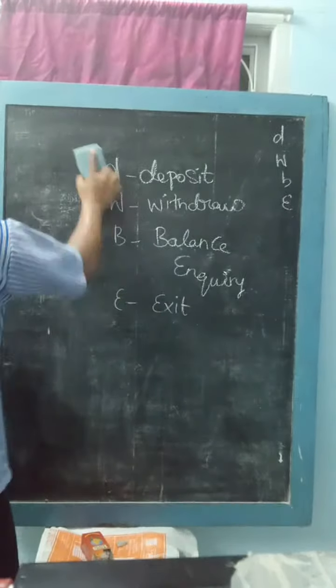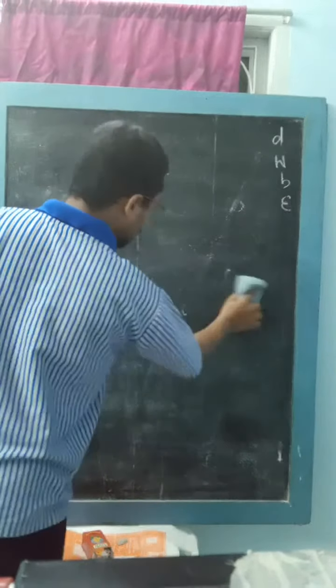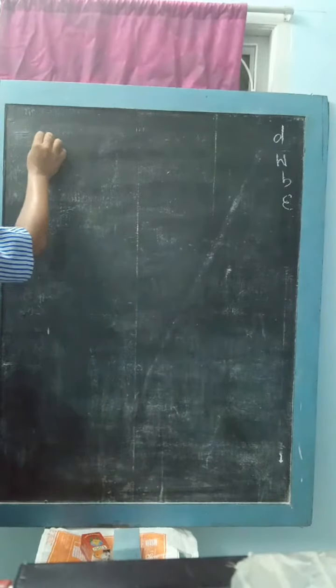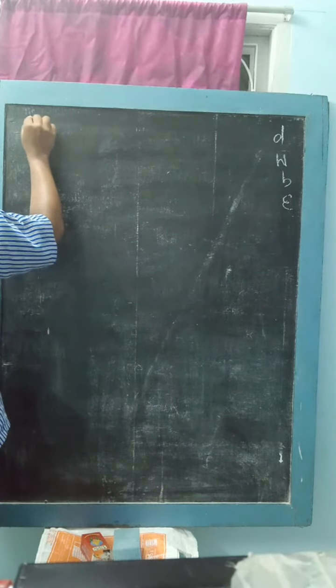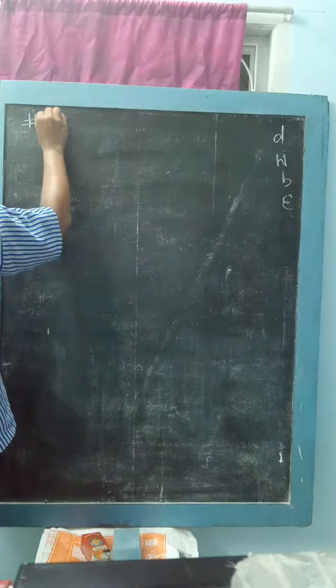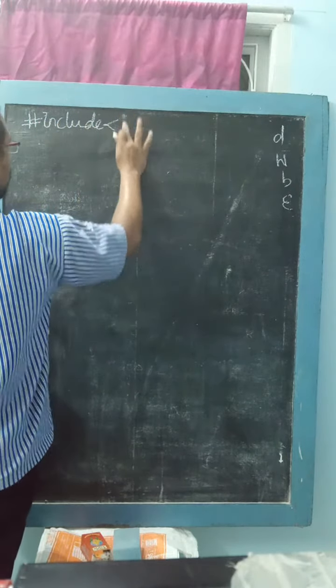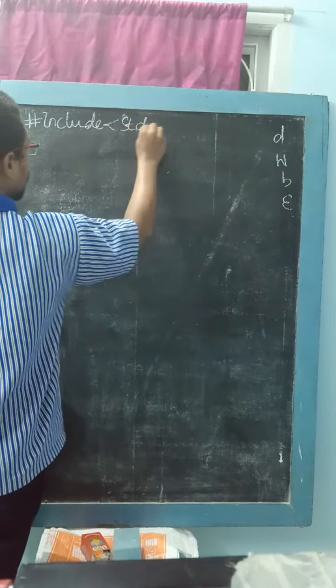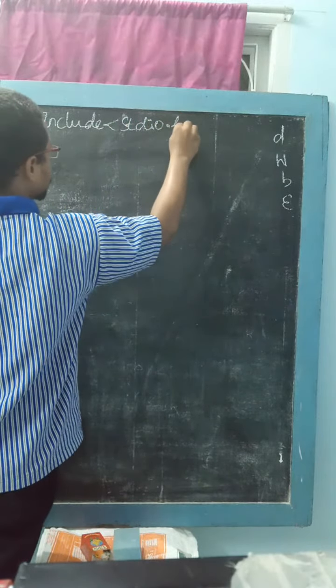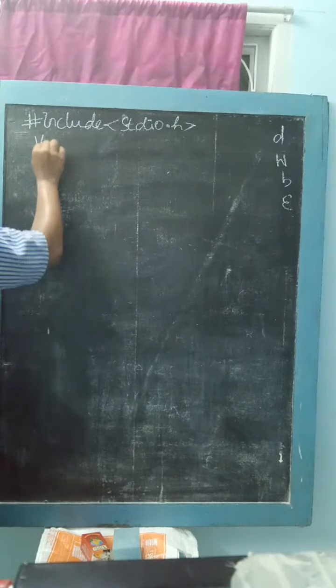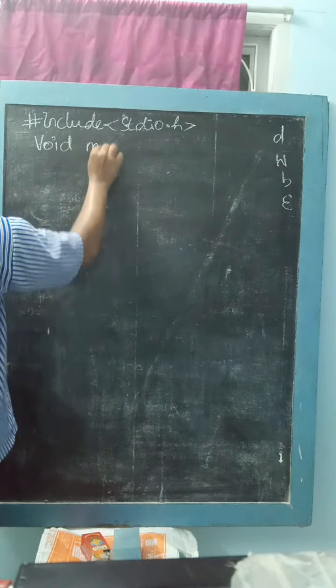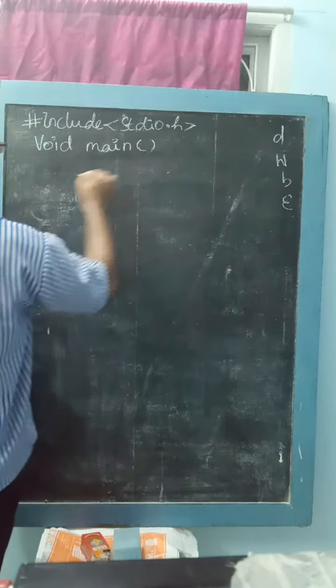I am going to convert this banking transaction into a program. So how are we going to do it? I am starting from the preprocessor: include stdio.h, and then main.